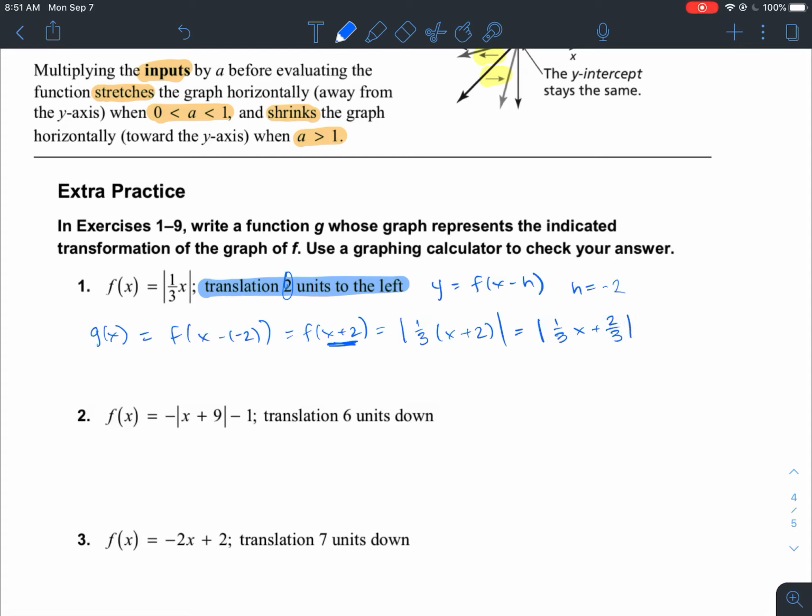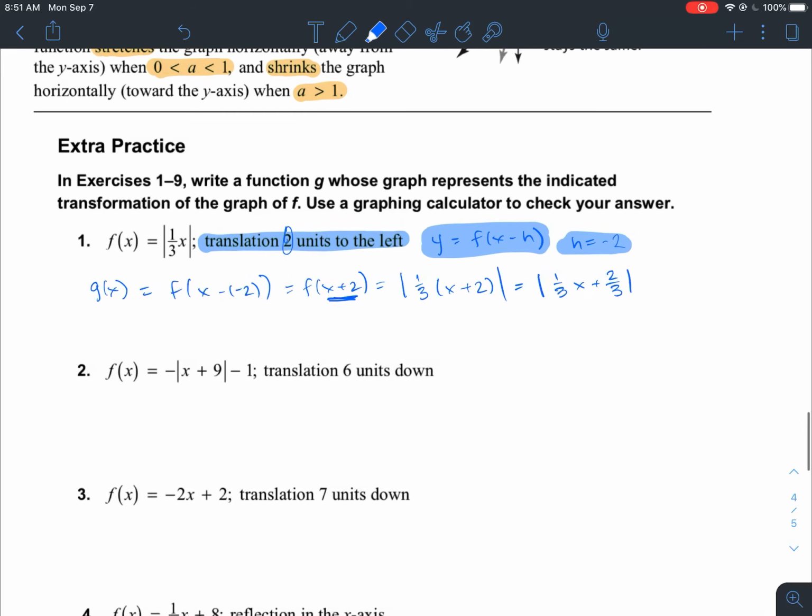So that's what our new function is. That's what g of x is. Okay? So again, if you want to do these, identify the function that you're going to use from above and figure out what your value is. So our h was negative 2. Let's try number 2 right now.